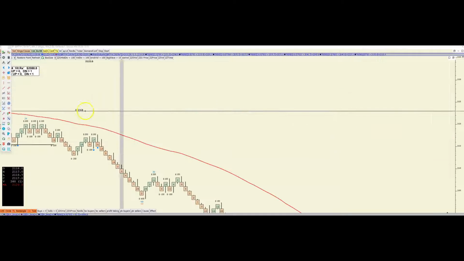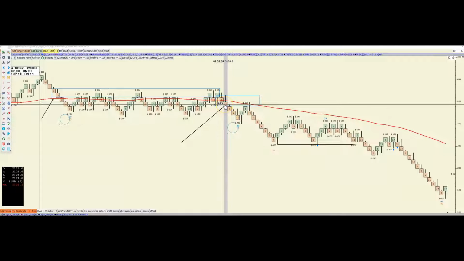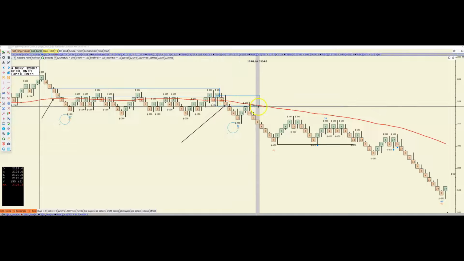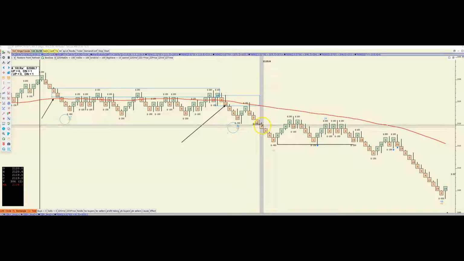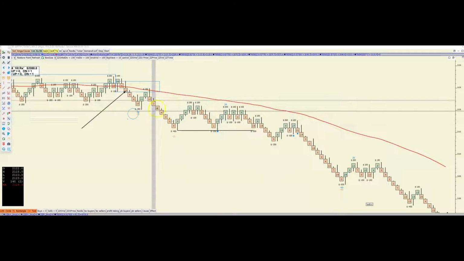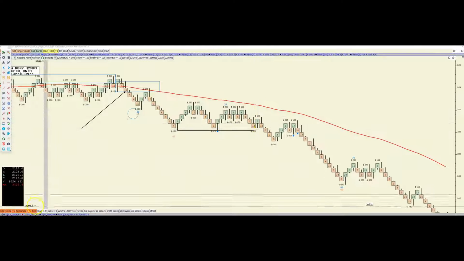What happens when it breaks on 12, follow through? Tests, holds, and then you have another break, but it's not that much. Over here, and then bang, right there.